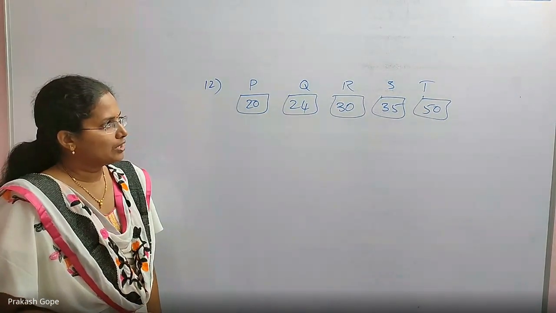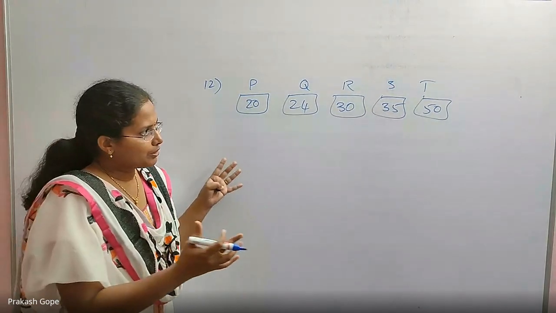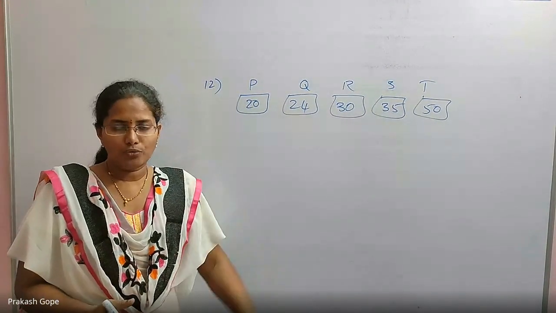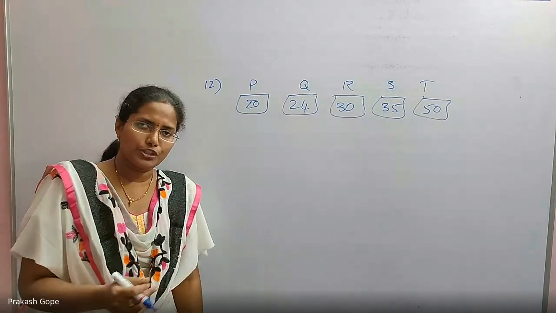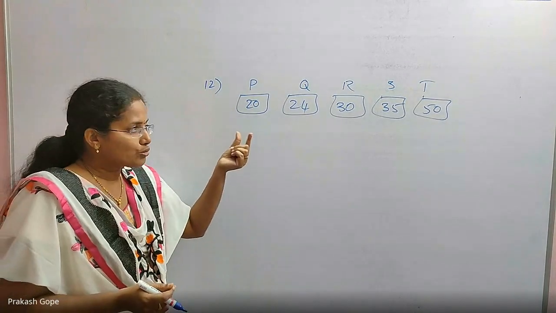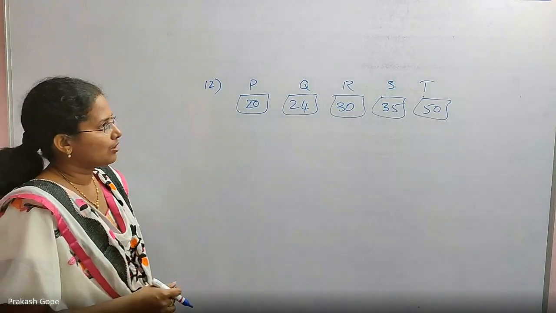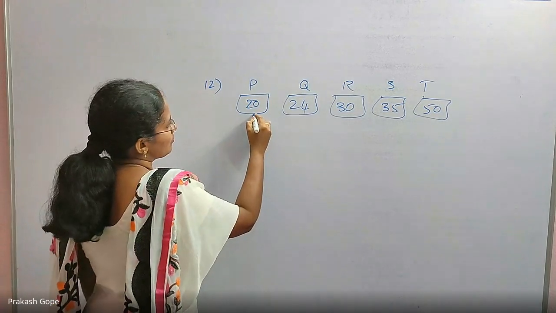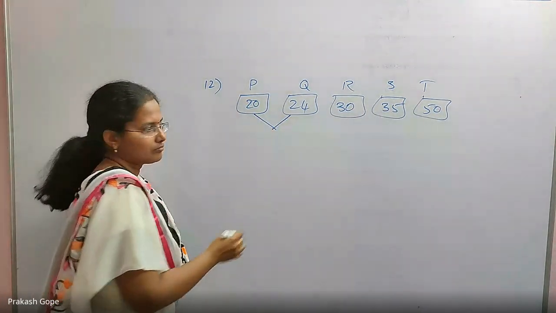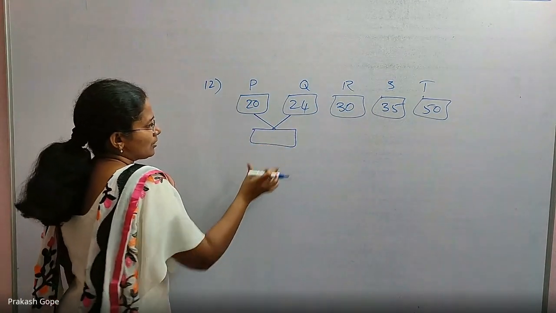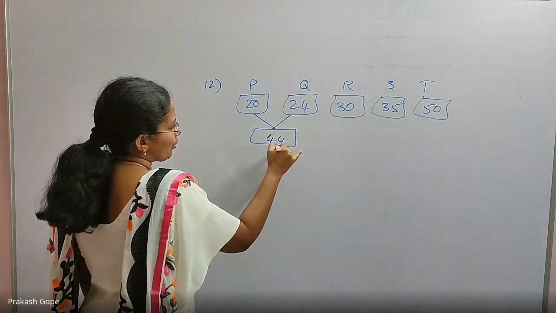This is the question. If you have to merge them into one single file, but you can take only two files at a time, what is the optimal way of merging? You should pick the two files which have fewer records. What are the smallest two? These two. I will merge them. So this file will have 44 records.